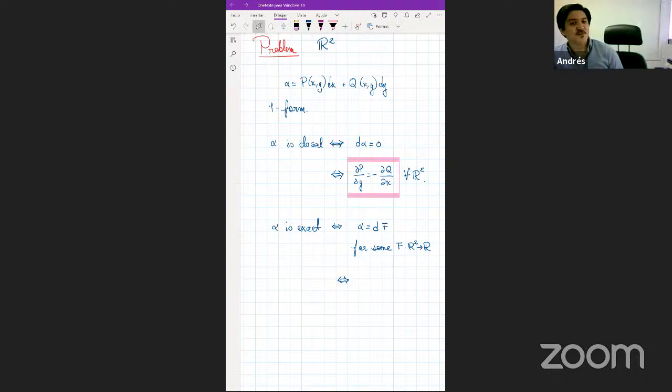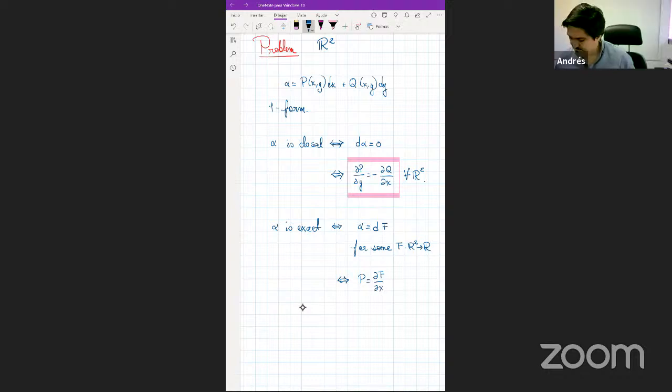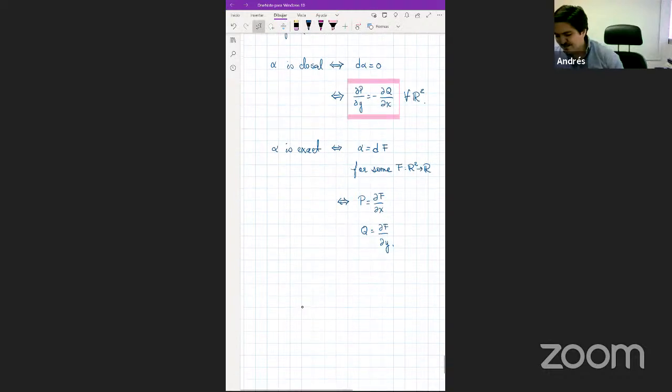P is the partial with respect to x of f, and Q the partial with respect to y of f. So that's correct.